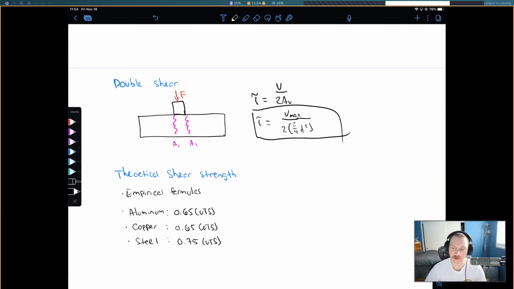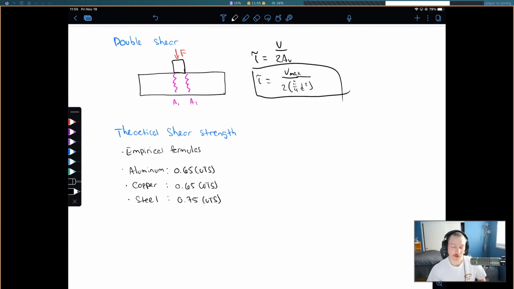So just to reiterate again, these are approximations. It's not really a theoretically derived equation. They're empirical formulas from testing that's been done. So when you talk about your percent error, again, just keep that in mind. It's not like this great, fantastic formula, right?